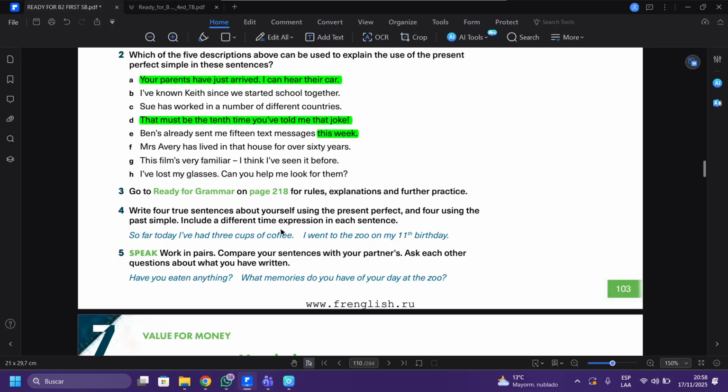And I have visited the Independence Park many times. Yeah, that is perfect. I have traveled to Puebla, and I have visited Cuernavaca.